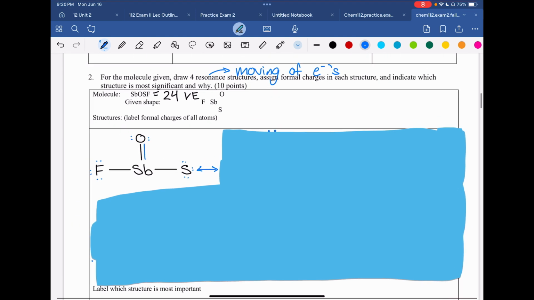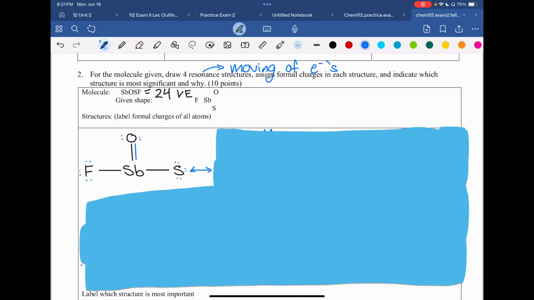Before that, typically resonance is that if this atom can have a double bond, why can't this one or this one?